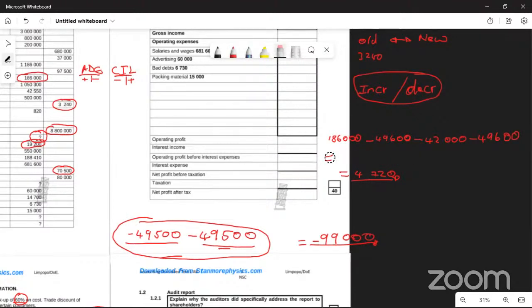Okay, I was in a hurry, guys, and I think I made some mistakes. I apologise for taking your time and causing confusion. So remember why this 49,600 is appearing twice. We are subtracting twice because firstly, we treated it as if this person had bought on credit again, of which that was not true.